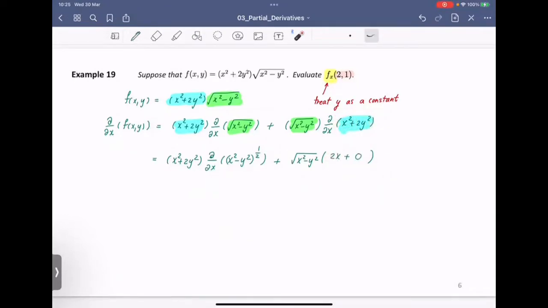Because the last term 2y squared, you treat it as a constant. x squared is not a constant, so it's 2x. Well, this thing is outside the partial derivative already, so keep it there. Okay, so this term is good, this term is good, this term is good. So you only need this one.